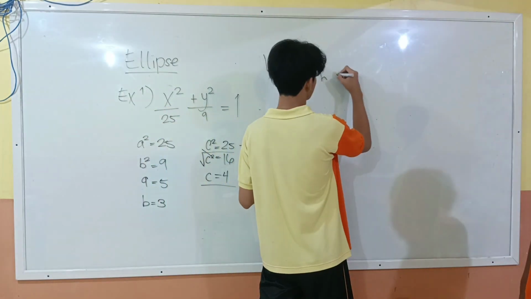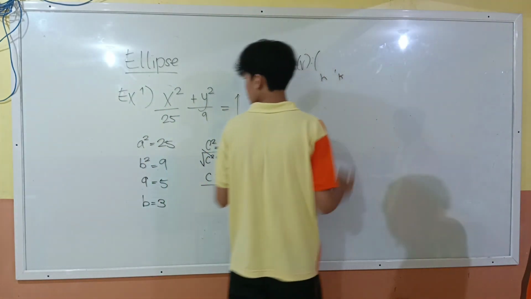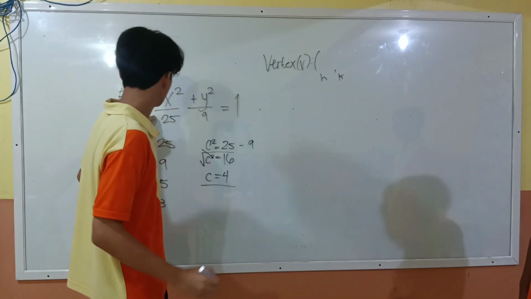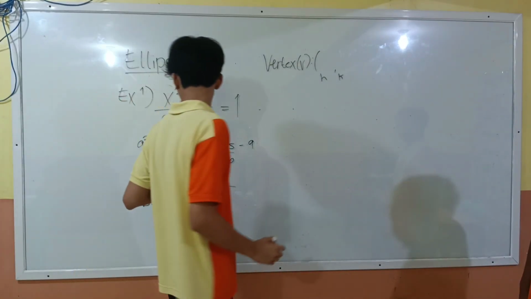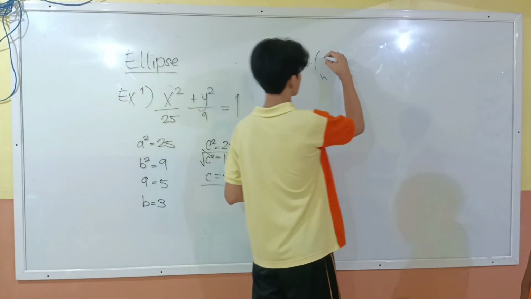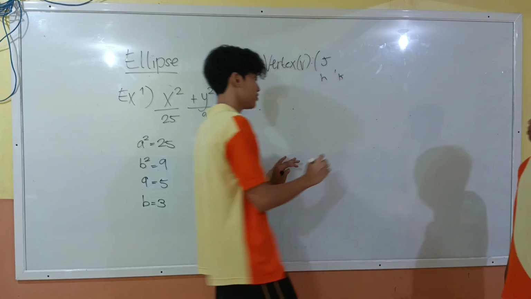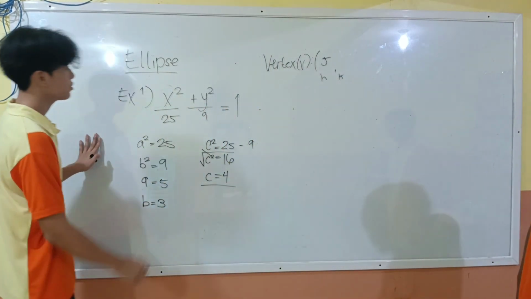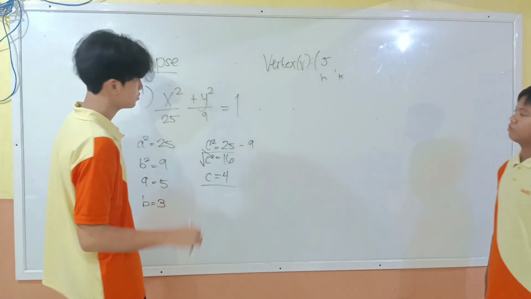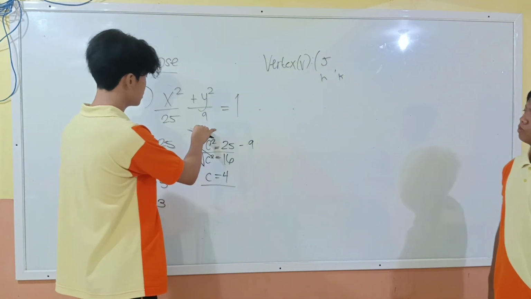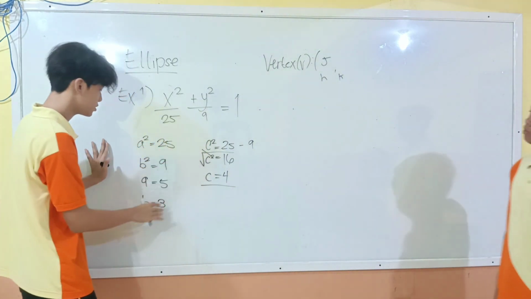So right here h, and then k. So our value for x is 5. We take the square root of 25, which is 5. And then we take the value of k, which is 9, square root of 9, which is 3.